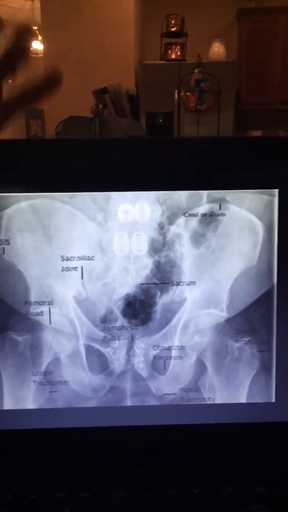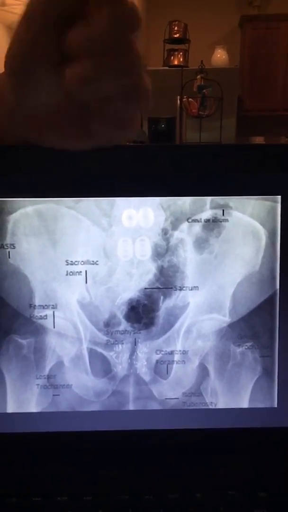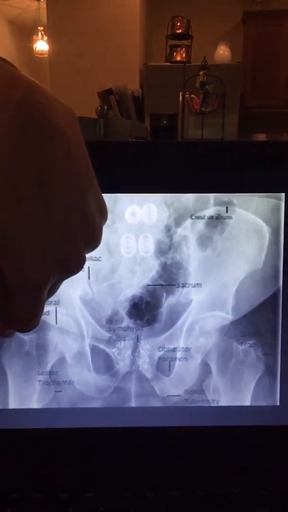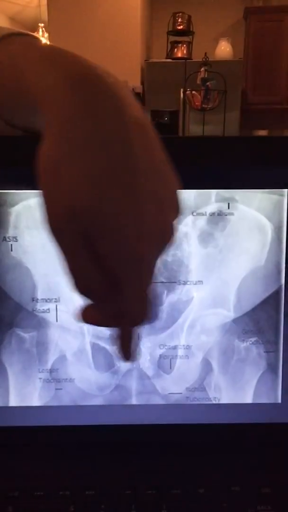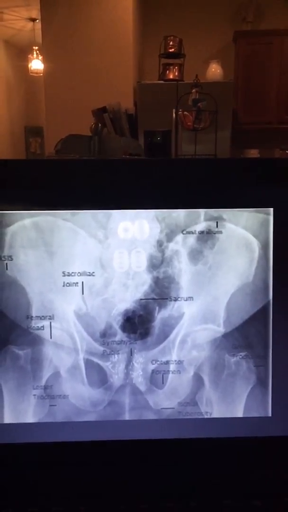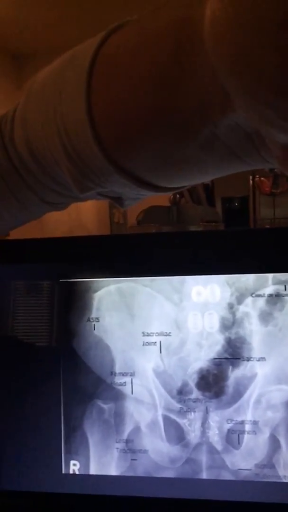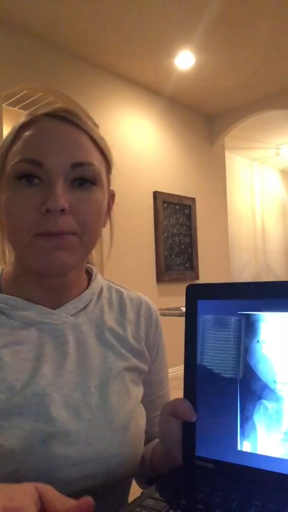With the greater trochanters, you can already tell that the patient was not in a great position because the size and shape are different. So there's definitely some corrections that needed to be made to this image to be more optimal. Okay, let's put this back up here. Those are some of the errors and corrections that should be done.